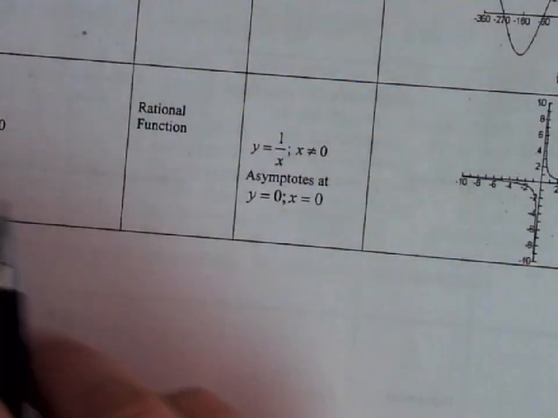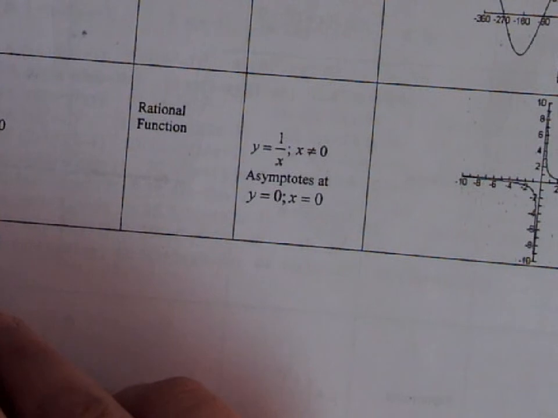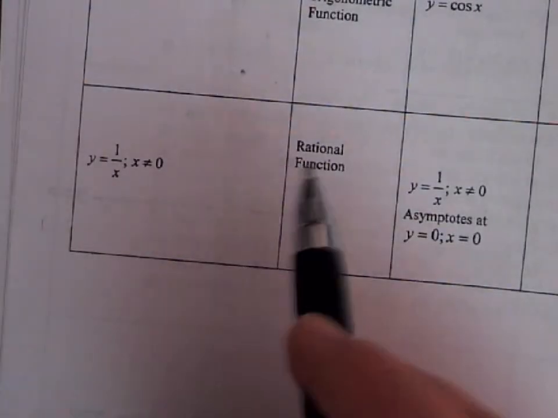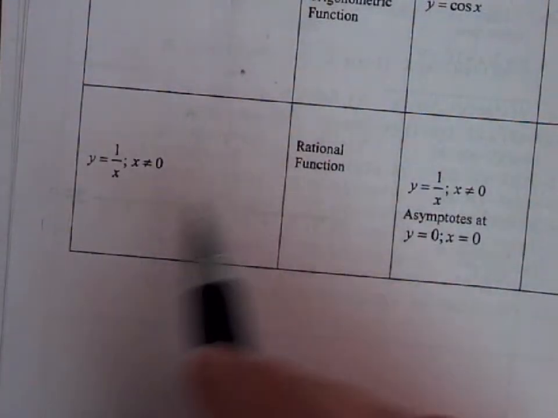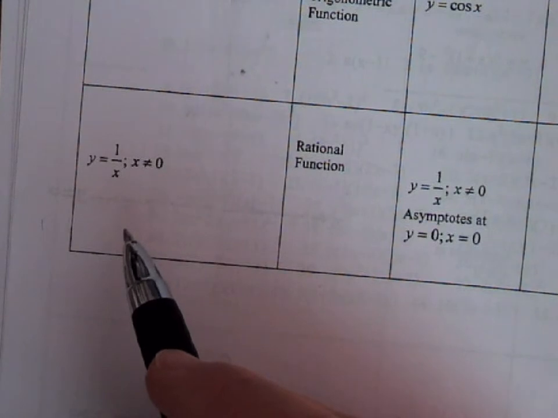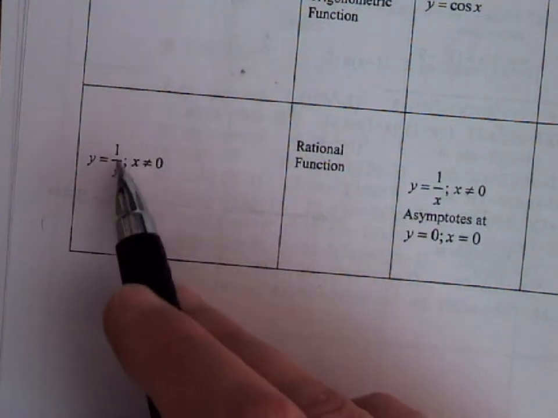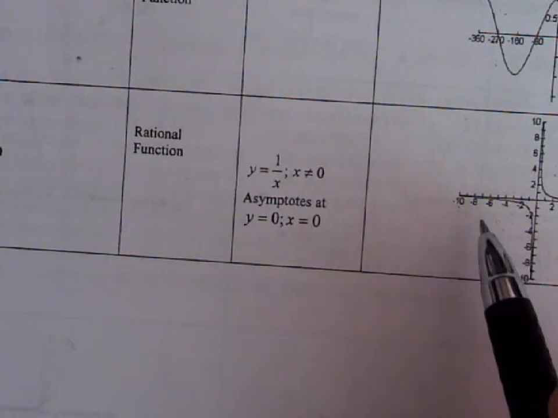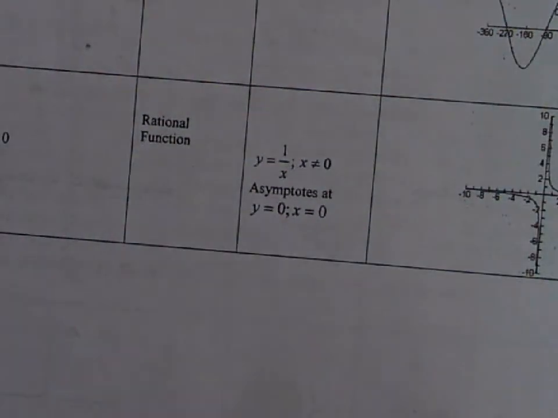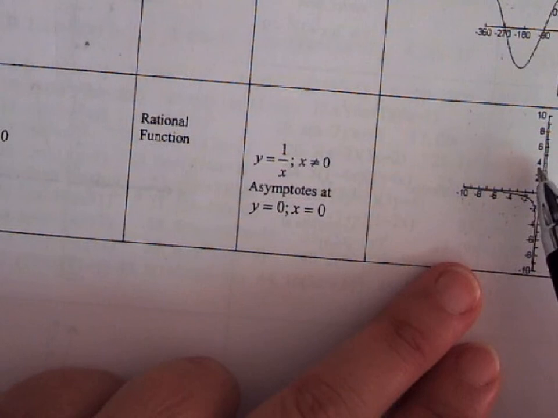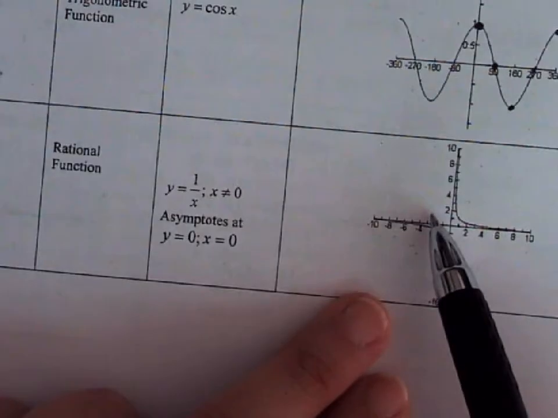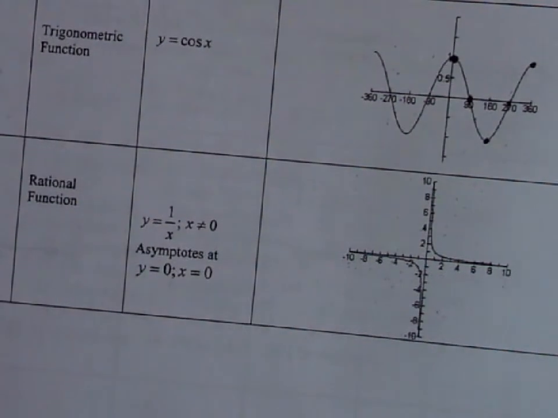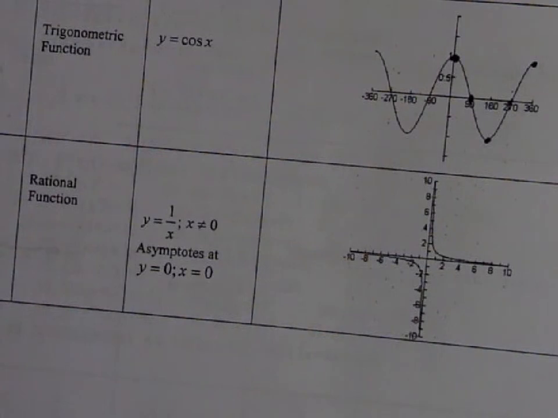Alright, so let's remember another function, which is called a rational function, or it can also be called a reciprocal function. That is 1 over x. The graph for it, if there is no shift or anything like that, is going to look like this. You have basically two asymptotes, one vertical and one horizontal.